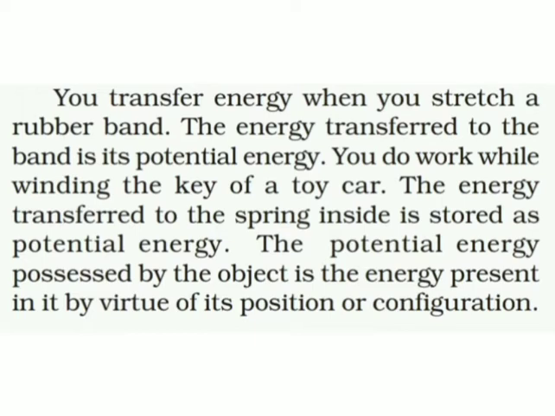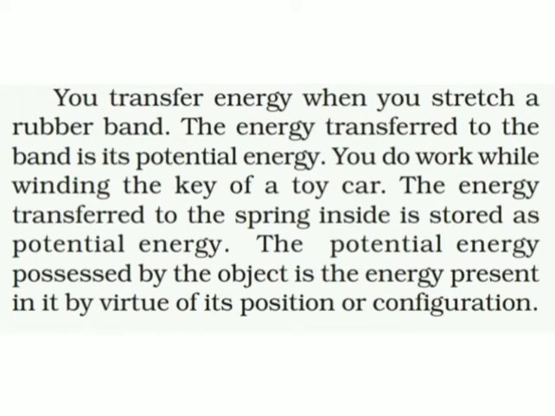Whenever we perform work, or work has been performed on a body, this changes its position or its configuration. Then this energy gets stored in the changed configuration of the body, and when the body is released, that energy is utilized by the body to move, to acquire a certain velocity, or to come back to its original position.